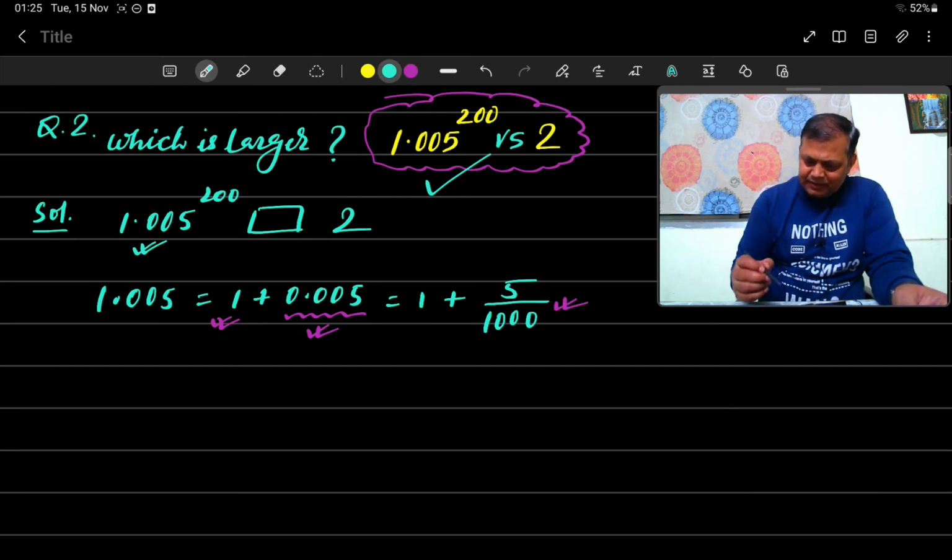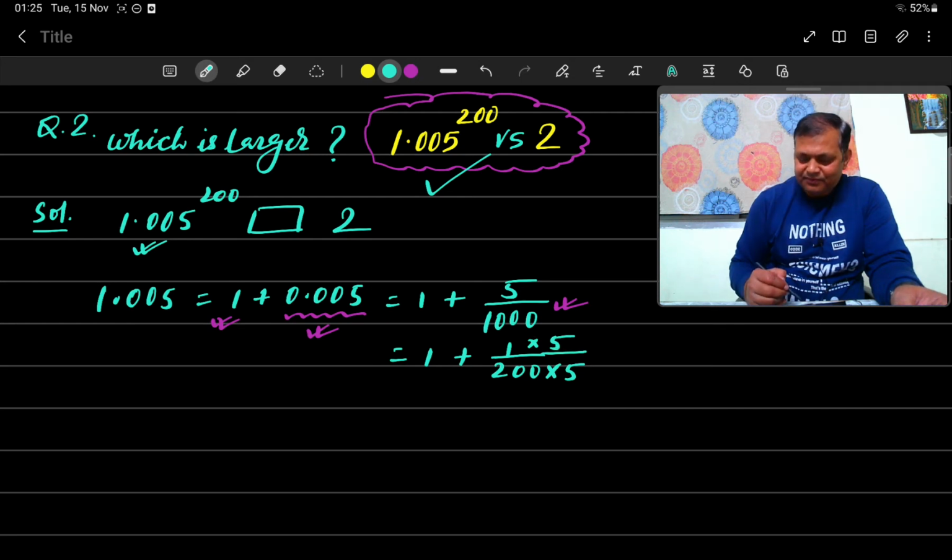Now you can write it as 1 plus 1 by 200 multiplied by 5 multiplied by 5, because 1000 can be written in factors as 200 multiplied by 5. So you can easily cancel these two numbers 5 from numerator and denominator.